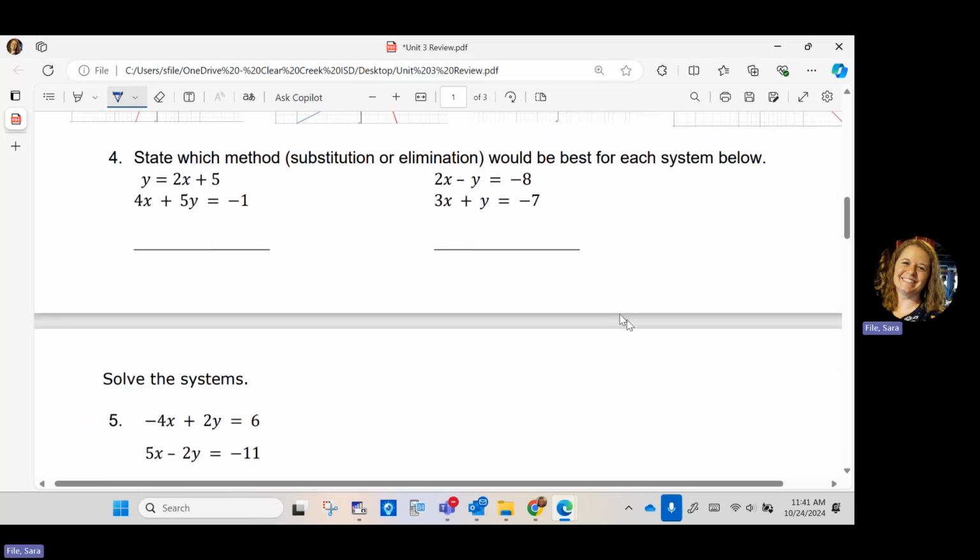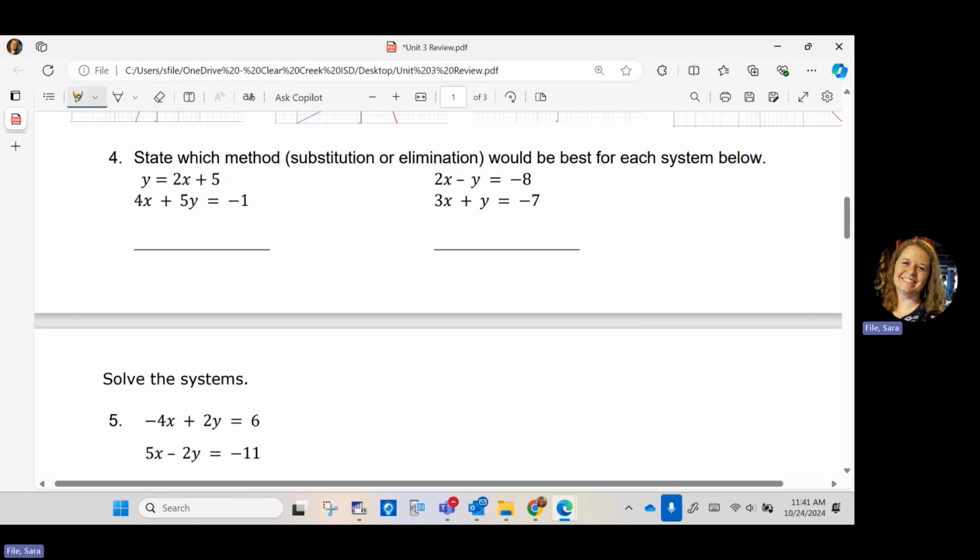All right, on number 4, it's state which method, substitution or elimination, would be best for solving each system below. So graphing was one way that we learned to solve, but substitution and elimination are what we focused on this unit. So substitution happens when you plug another number or an expression in for one of the variables.